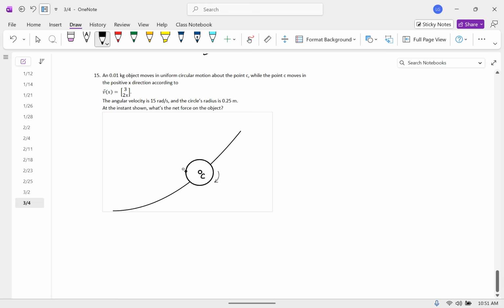And so I want to do a calculation of the circular motion of this point O about C. So I'm going to right away write this as a problem of the acceleration of O relative to the ground is equal to the acceleration of O relative to C plus the acceleration of C relative to the ground.